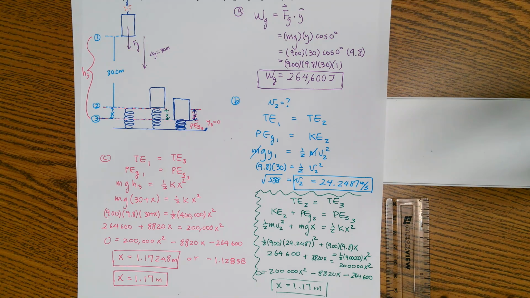Now this one's challenging. If you remember the practice problem that we did, this one has a spring in it. This is very similar to the example problem in your notes packet, but your notes packet had an example problem without friction.